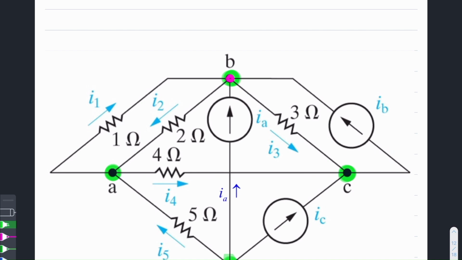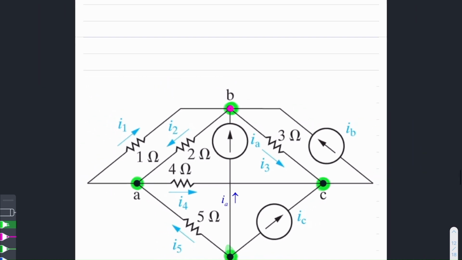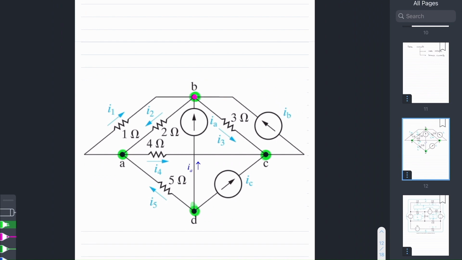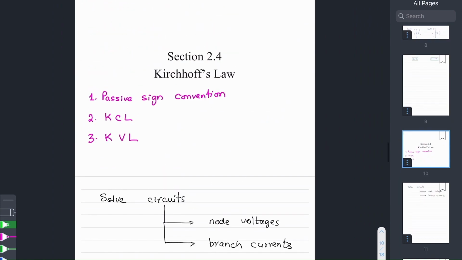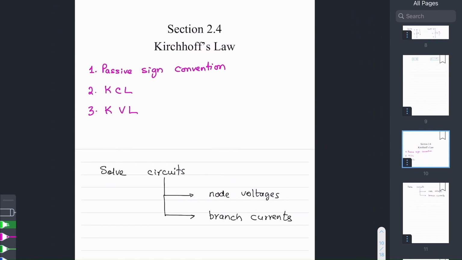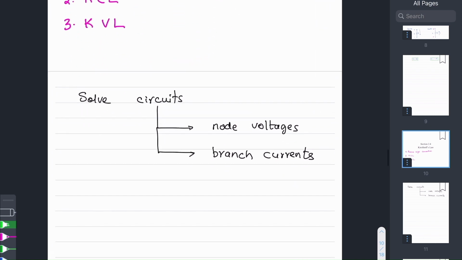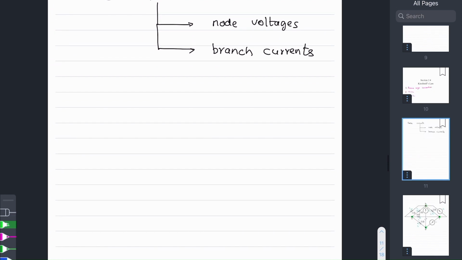That's what it means. Okay, so the two techniques that I'm going to give you, Kirchhoff's current law and Kirchhoff's voltage law, they help us solve the circuit, find the node voltages and branch currents. Okay, typically what we do, and you will see this reinforced when we look at some problems, we often set up a set of equations.